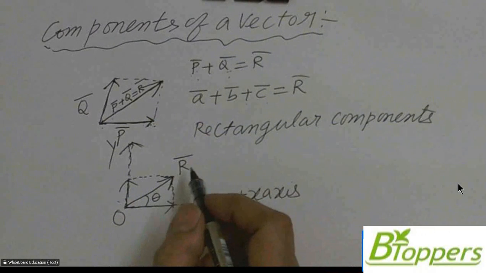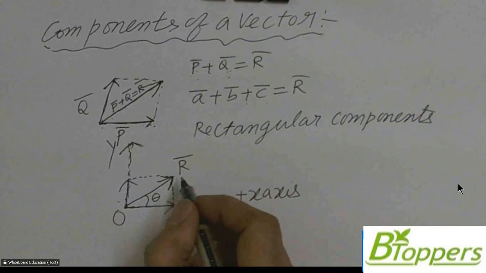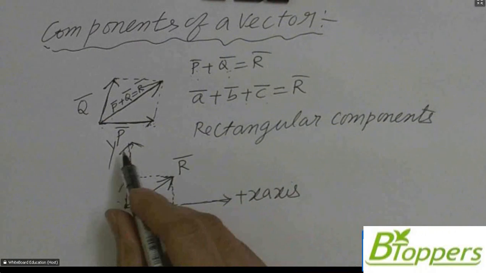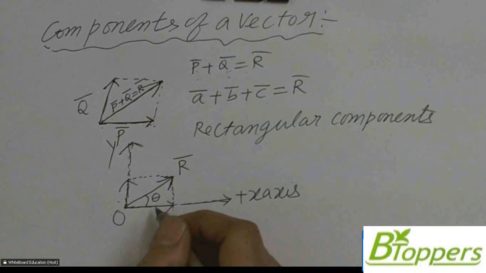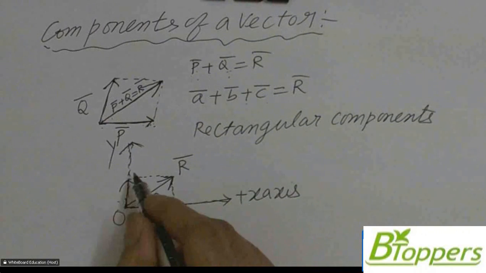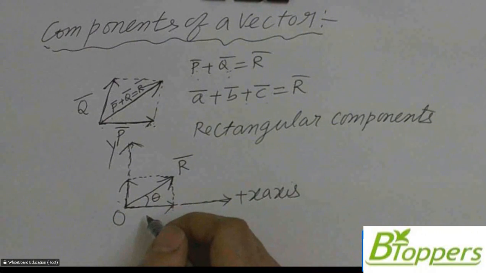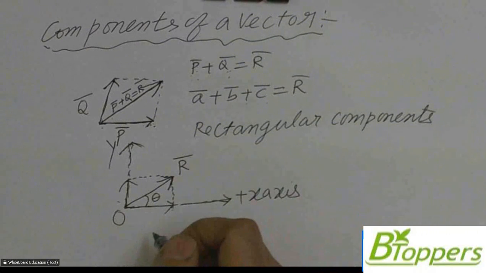So in general, to find the two rectangular components of a vector along the x-axis and y-axis, we construct a rectangle with adjacent sides parallel to the x and y axes such that the vector r bar acts along the diagonal of the rectangle.